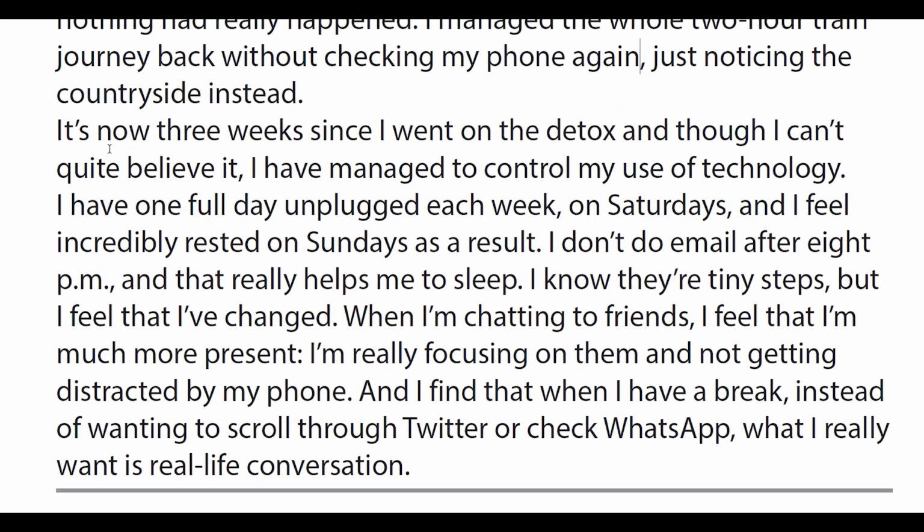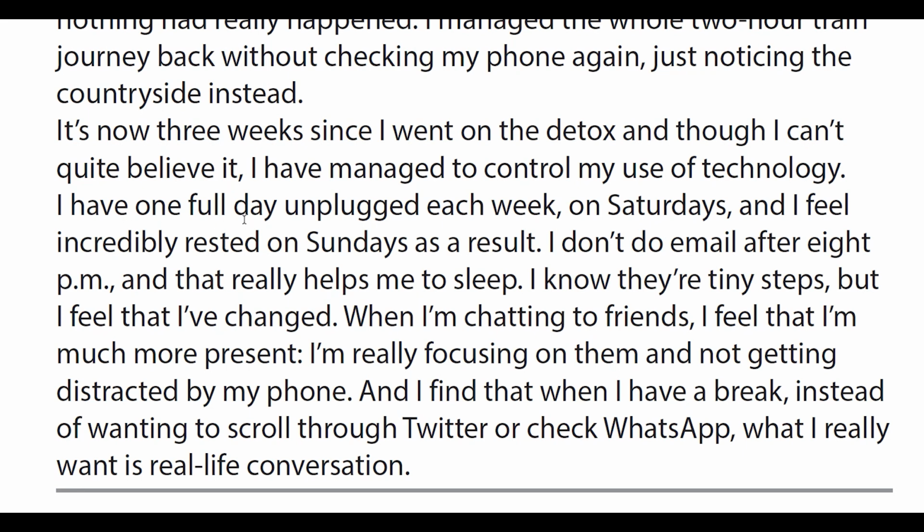Дальше вот такой абзац. И теперь 3 недели спустя, или 3 недели с того момента, как я сходила на этот детокс, and though I can't quite believe it, и хотя мне даже не верится, я все-таки смогла контролировать свое использование технологий.